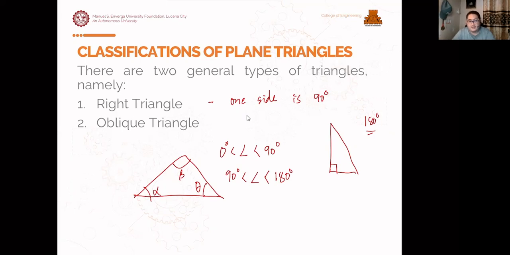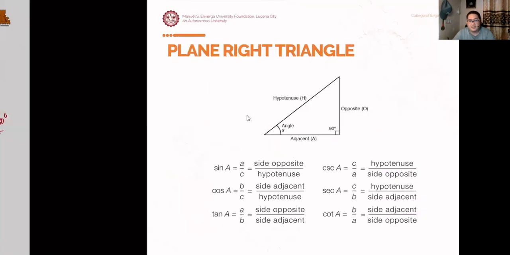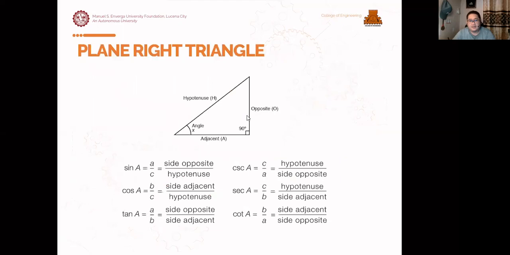Okay? And then each type of triangle has its own set of formulas. So, kapag right triangle pinag-uusapan natin, diyan papasok itong property natin o yung ina-apply natin na trigonometric functions natin. Na yan is naka-refer doon sa figure presented, no?